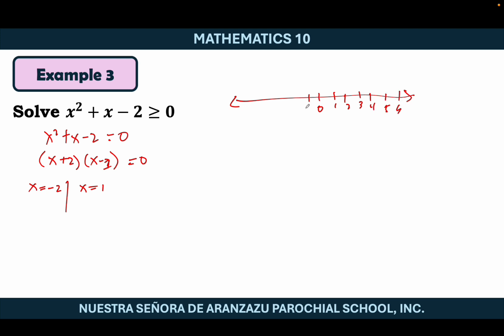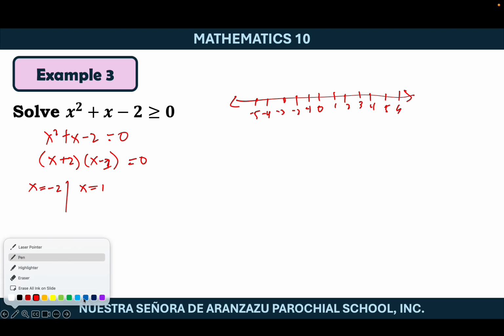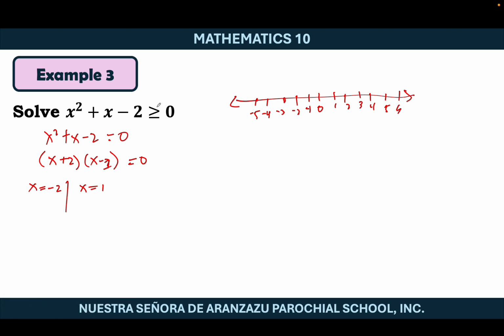And dito naman, negative 1, negative 2, negative 3, negative 4, negative 5. So, ang inahanap natin is negative 2 and 1. So, since greater than or equal to, so, negative 2, so, mag-shade tayo dito. Then, positive 1.